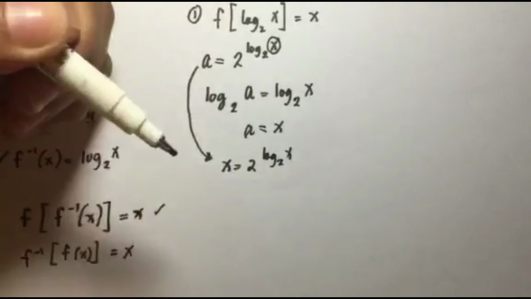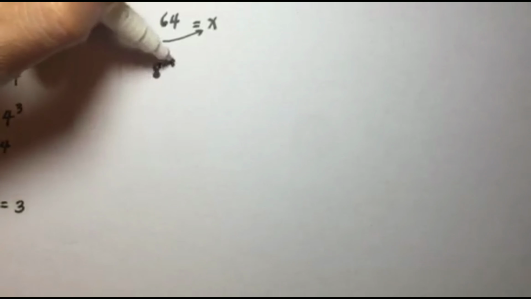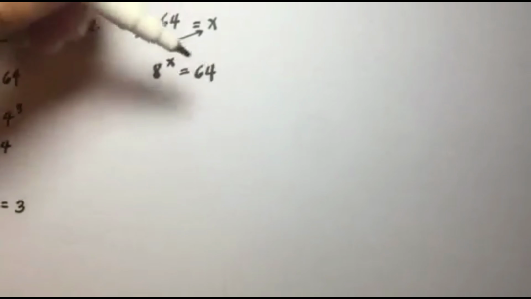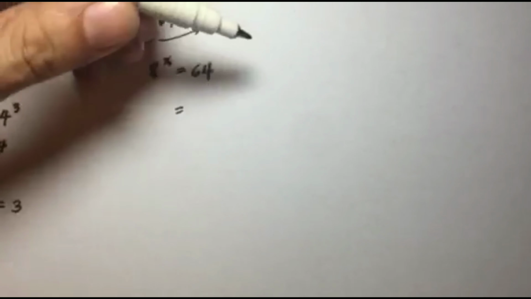Number 2, we have the logarithm of 64 to the base of 8 equals x. So 64 din siya, no? Pero iba yung base niya, that is 8. So magiging 8 raised to x equals 64. But 64 is the same as, wag niyong gamitin 4 cube kasi dapat ang base is 8, that is 8 square. Then bring down 8 raised to x.